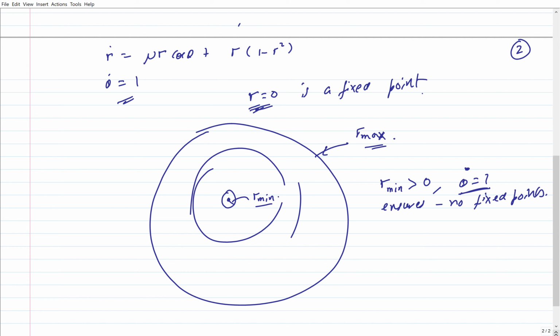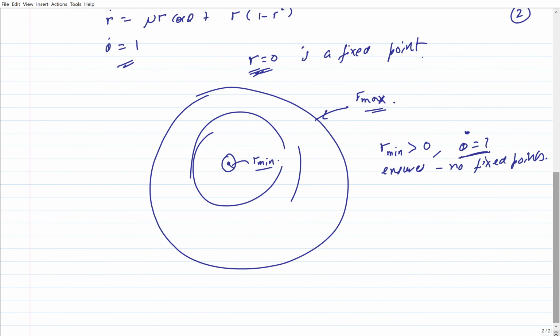Now, we choose r max in such a way that r dot is less than 0 when r equals r max.